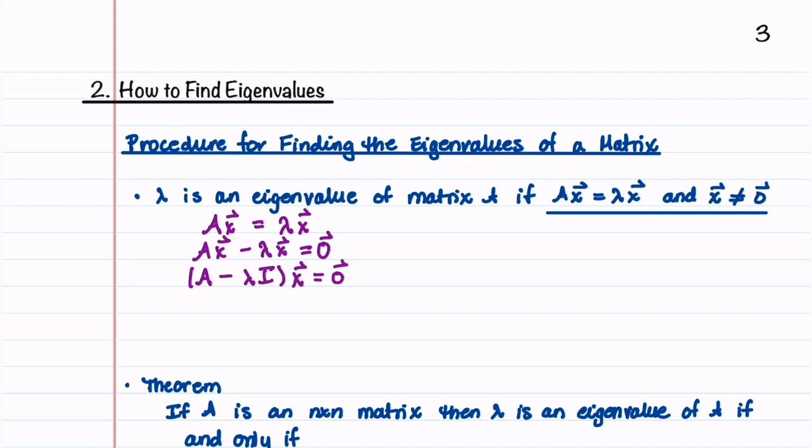To make things easier, let's let A minus lambda I equal B. So this gives us B times x is equal to 0. Since by definition, x cannot equal 0, our equation Bx equal to 0 must have a non-trivial solution.